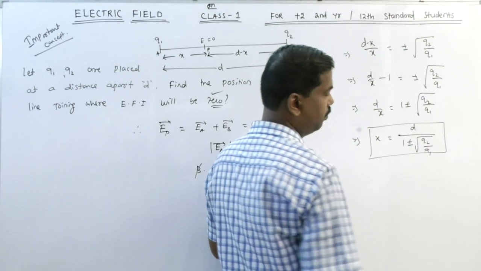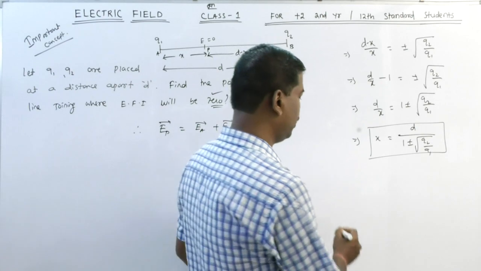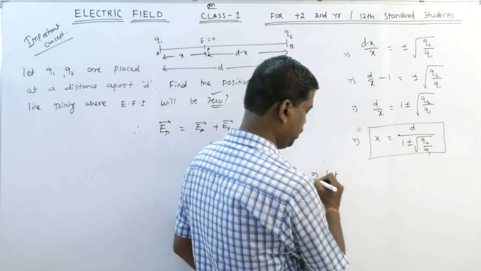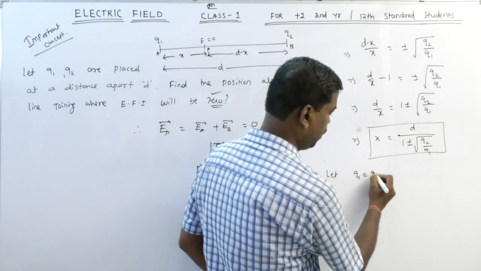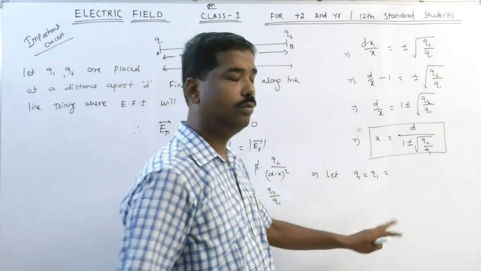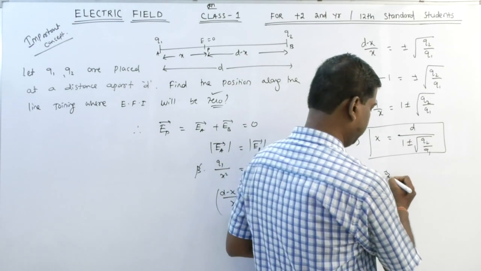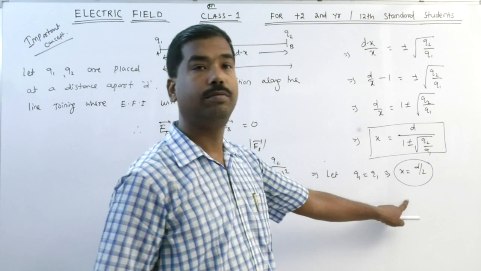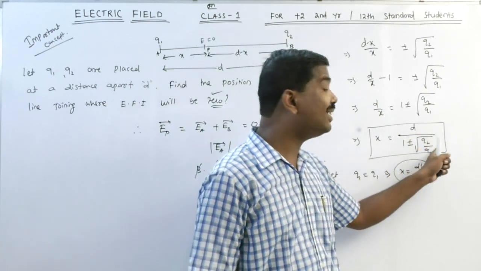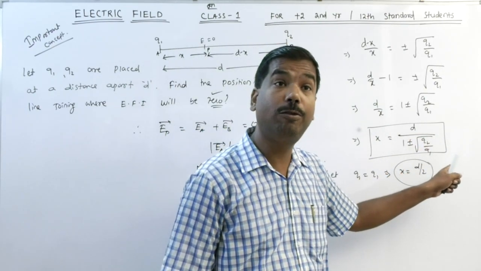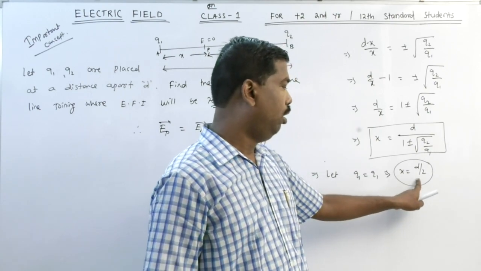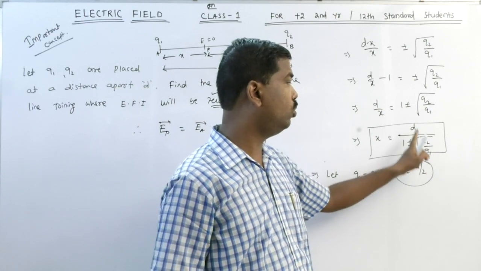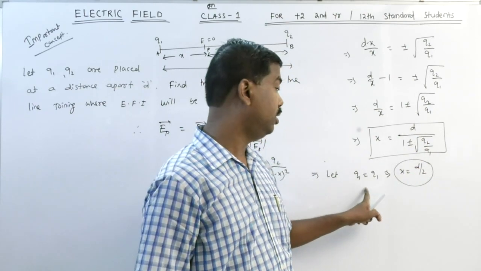Let Q2 is equal to Q1. x is equal to d by 2. It means if two charges are equal, Q2 and Q1 are equal, then Q2 by Q1 is 1. 1 plus 1, 2. Answer will be d by 2.